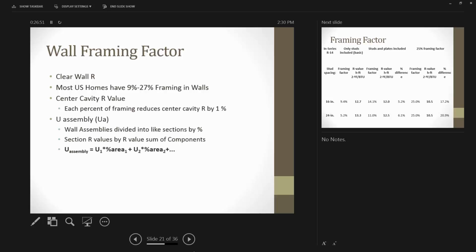The way that ResCheck works, and the way that most of the code programs work, you break down each window almost into its own section. You break down the framing part of the wall into its own section. You break down the doors. Each one of those pieces is going to have a different U value. And then you've got to figure out, based on your total square footage, what percentage of the assembly is that.